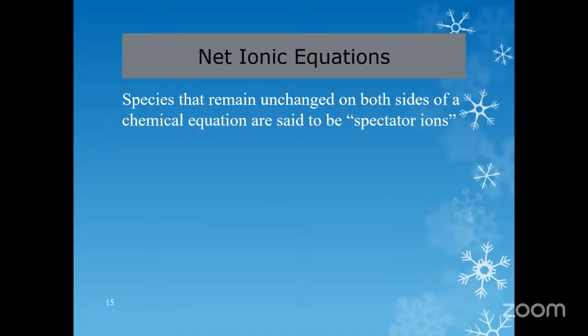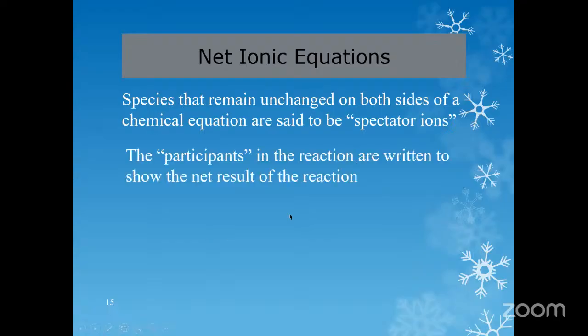The ions that are not directly involved, which remain unchanged in the reaction, we call spectator ions. They are so called because they do not participate in the reaction. They just sit around and watch what's happening. Once you identify the spectator ions, all the other ions are the direct participants of the reaction.